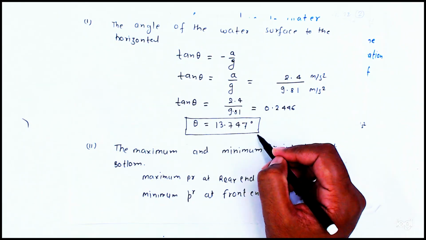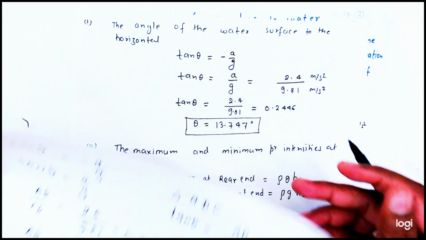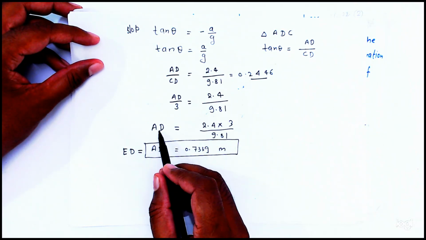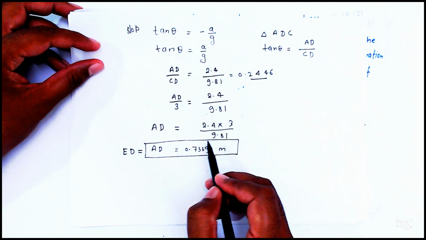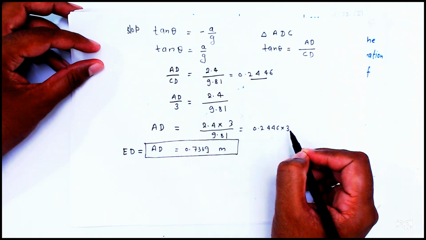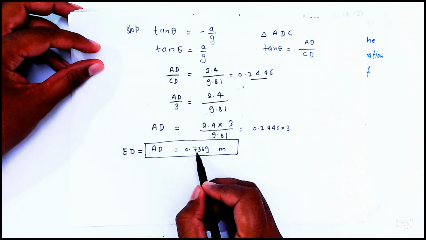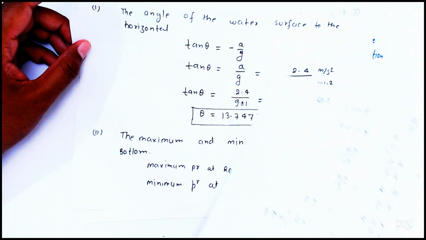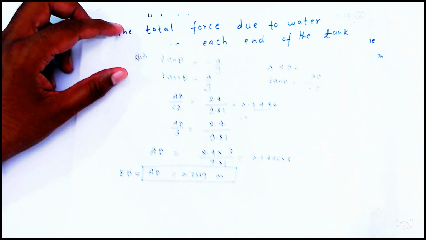Or instead of theta we can put tan theta equal to A by G directly here, and from here we are able to calculate AD: 0.2446 into 3, so AD is equal to 0.7339 meter. It means, friends, the rear end value will come.